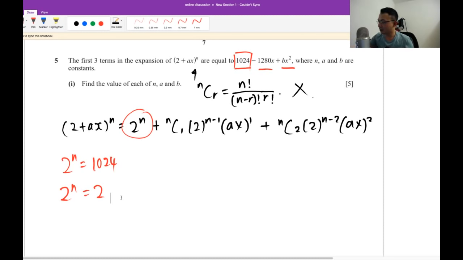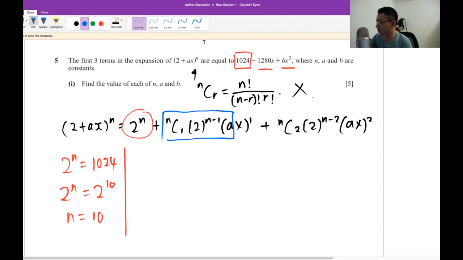Alright, so this is 2 to the power of 10. So n equals 10. That's the first piece of information. And then the second one should equal negative 1280, because this is the coefficient of x to the power of 1. Since we have n already, I say this is 10C1, 2 to the power of 9, a equals negative 1280. And then I will solve this one.